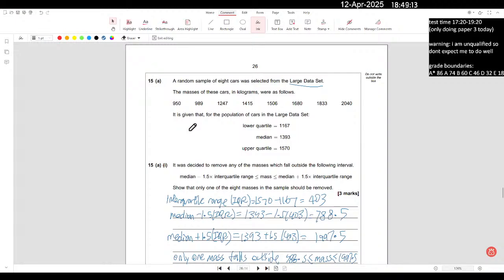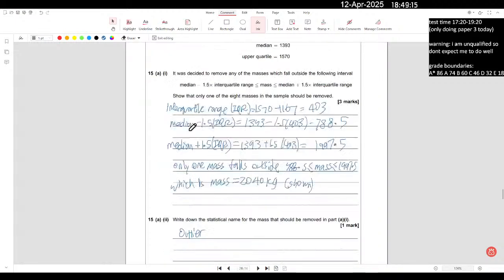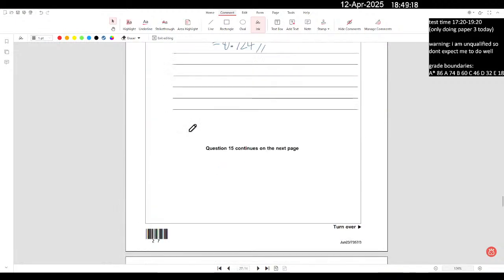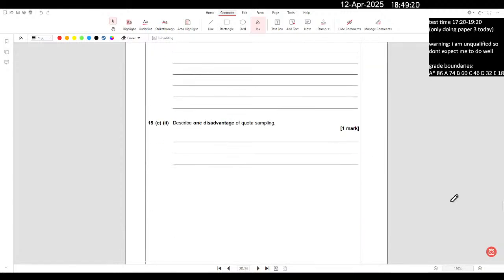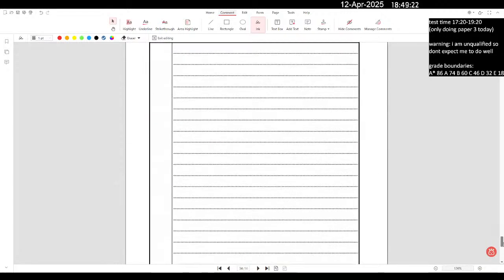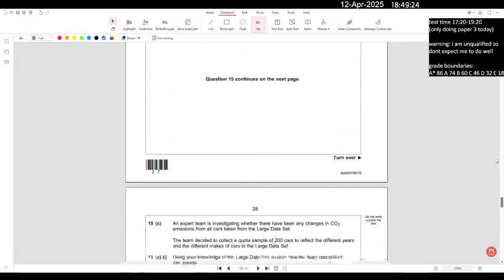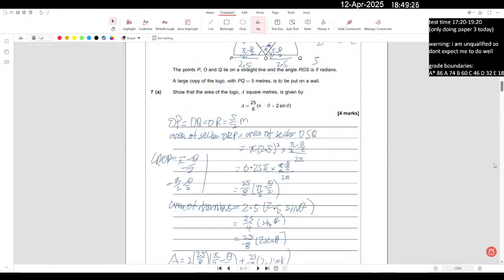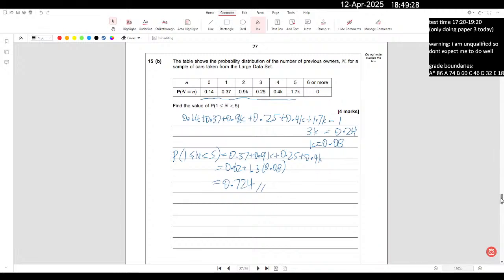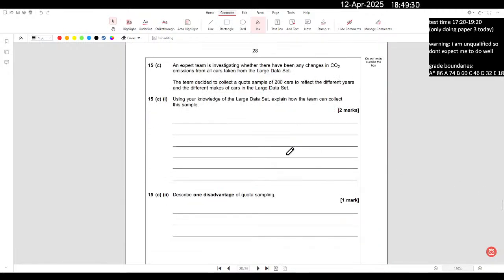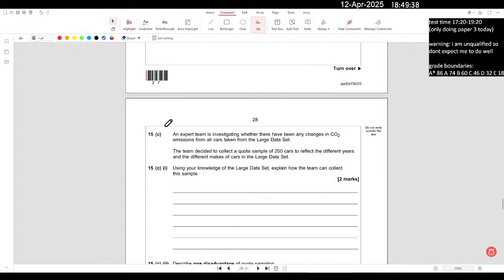What the hell is a large data set? Is there some annex or something that I'm missing that is called large data set? I don't think so. Maybe this is just some question where I can say random stuff and then hope that they accept the points.